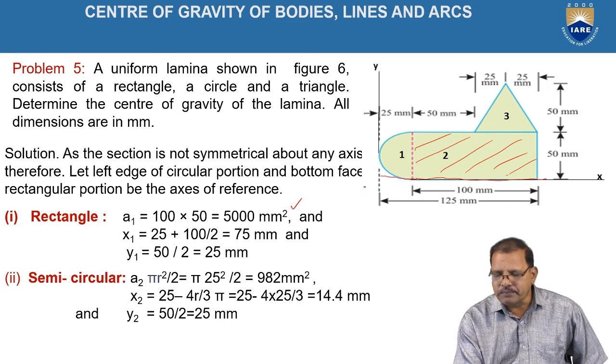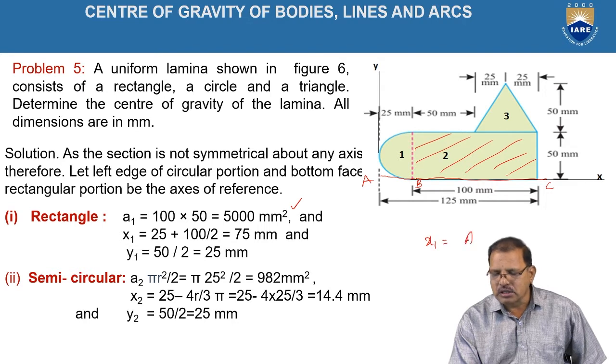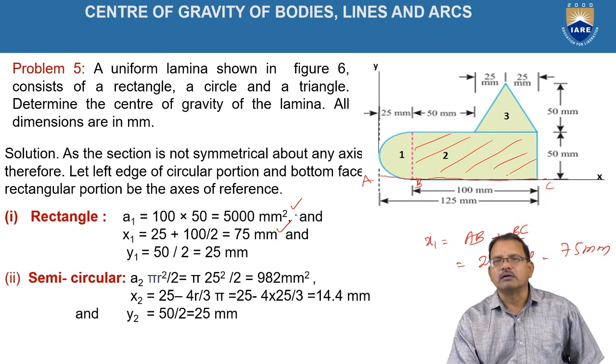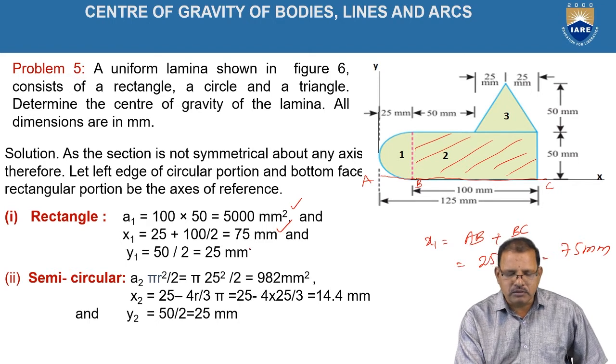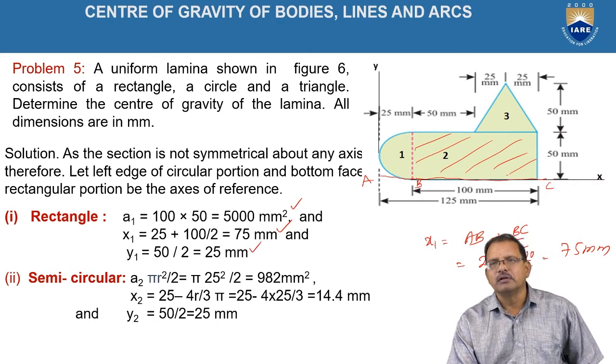If I represent the lines here as A, B, and C, the center of gravity x1 is equal to AB plus BC by 2. That means 25 plus 100 by 2, which is equal to 75 mm. Similarly, y1 is half of the rectangle, that is 50 by 2, equal to 25 mm.